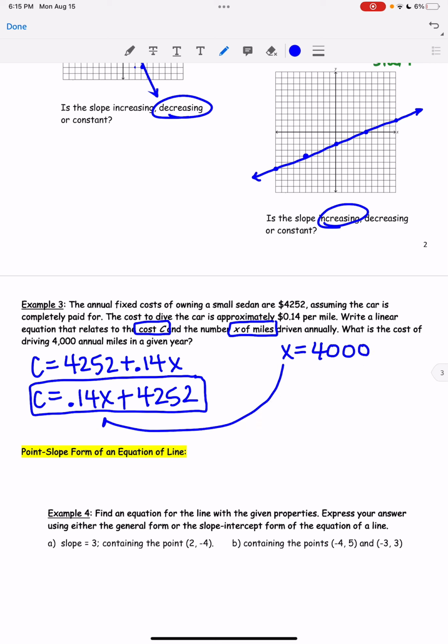So plug that into your X here. So my cost equals 0.14 times 4,000 plus 42.52. Okay. I'm sorry, that's going to bother me. Let me rewrite that.